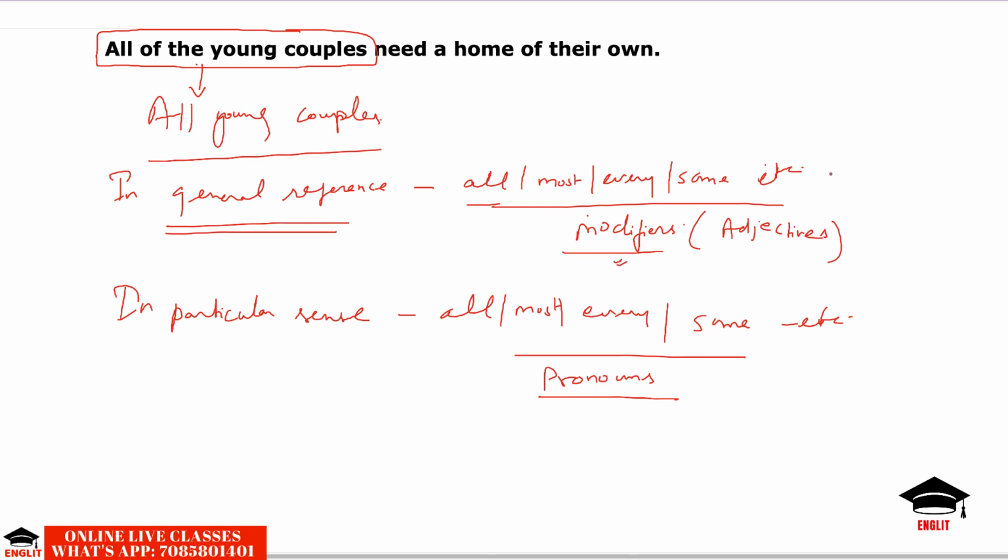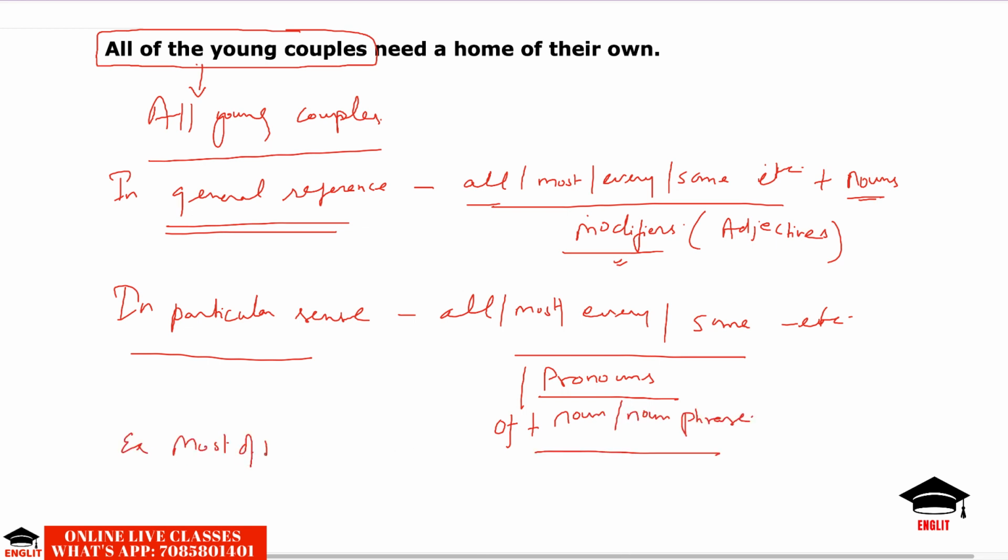That is to say, they are used in front of the nouns directly. And when we refer to some particular case, all, most, every, some are used as pronouns in the sense they will be used with of and then a noun or noun phrase.